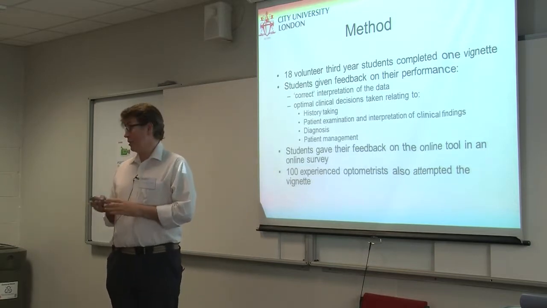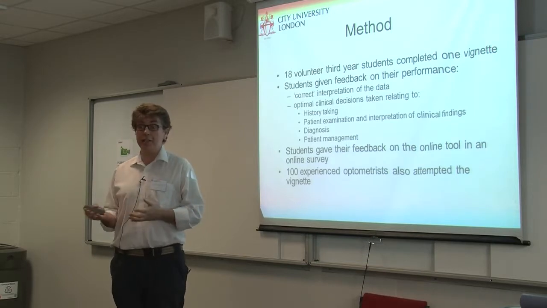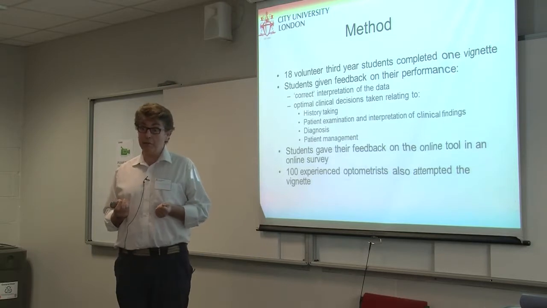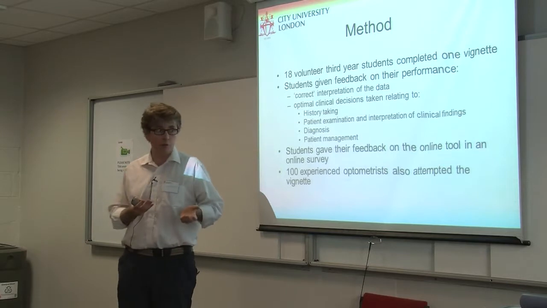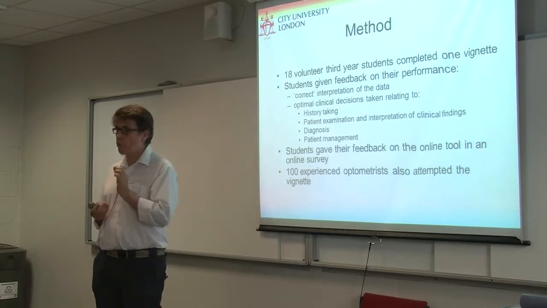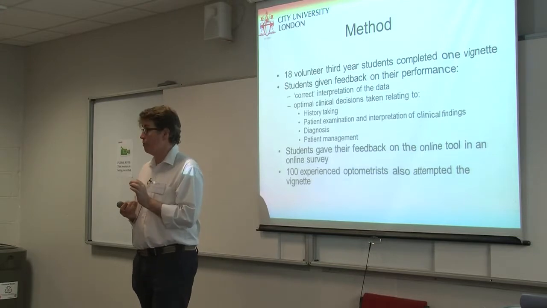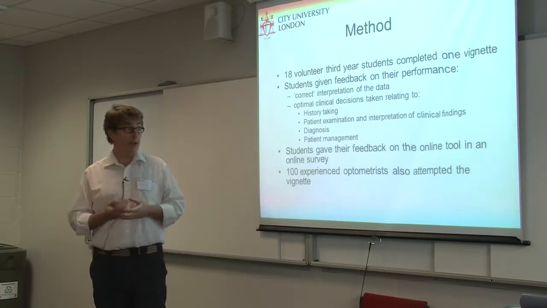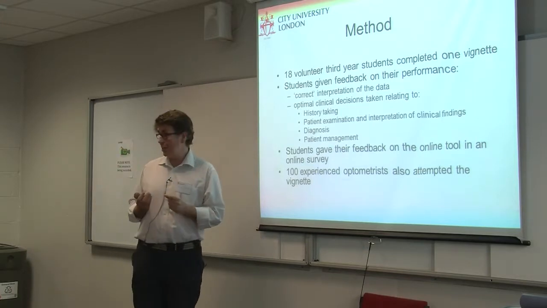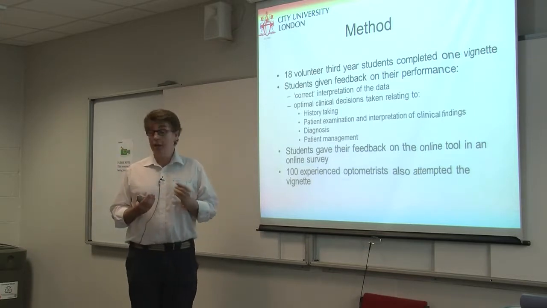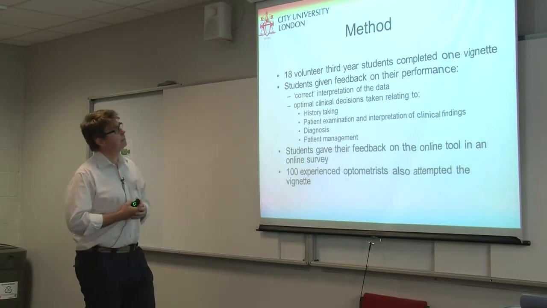Within months of graduating, they're working often in a high street practice, seeing members of the general public, still under supervision, but much looser supervision than we supervise them in the clinic. So we were really capturing these students, literally within a couple of months of them going out into the real world. And we tested the program using 18 volunteer students, and those 18 students completed a single vignette.